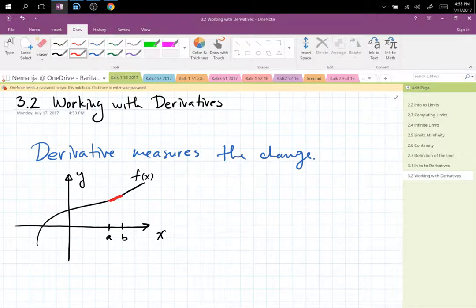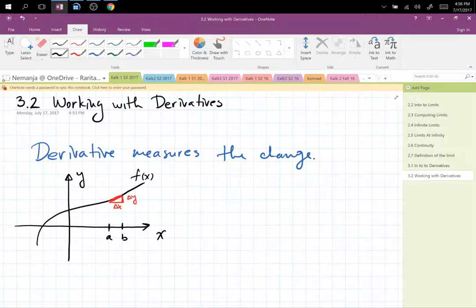If you draw a little triangle here, there is delta x, which is change in x, and delta y, which is change in y. So the hypotenuse of that triangle could be understood as a good approximation of the function, could be understood as the tangent line to the function, and it shows either a growth or decay of the function over that interval.